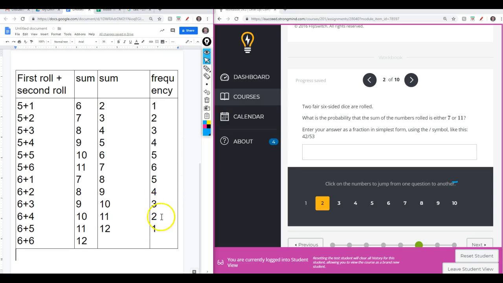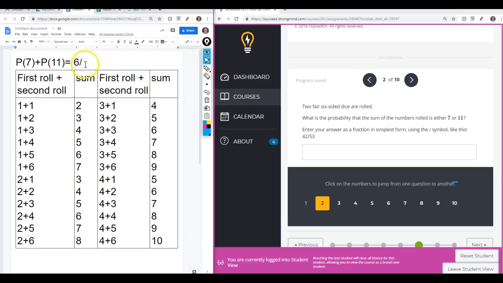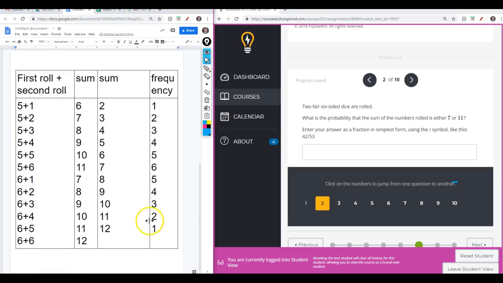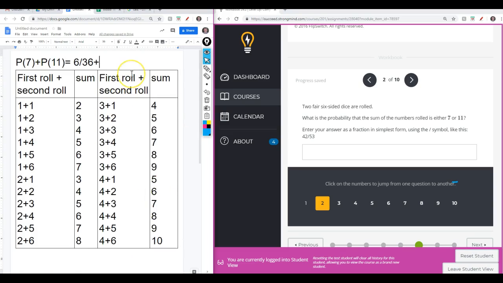So either way, you could count out how many times you roll the dice for all of those possible outcomes. So again, the probability of rolling a sum of 7 happened 6 times out of the 36 rolls, plus the probability of rolling an 11. An 11 happened 2 times out of those 36 rolls.